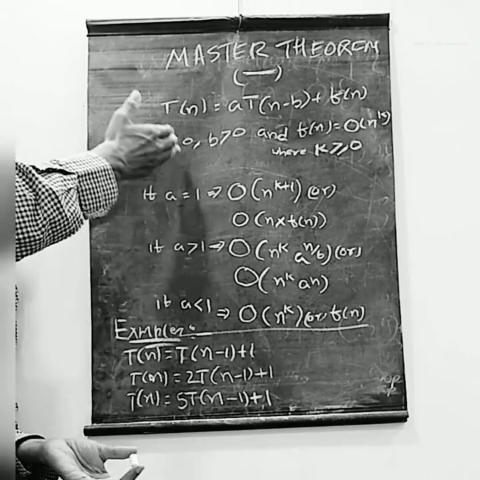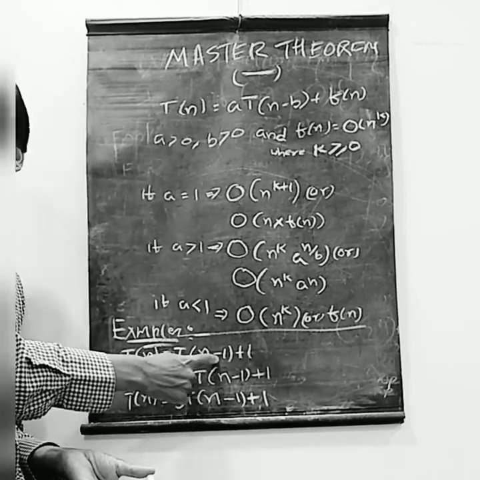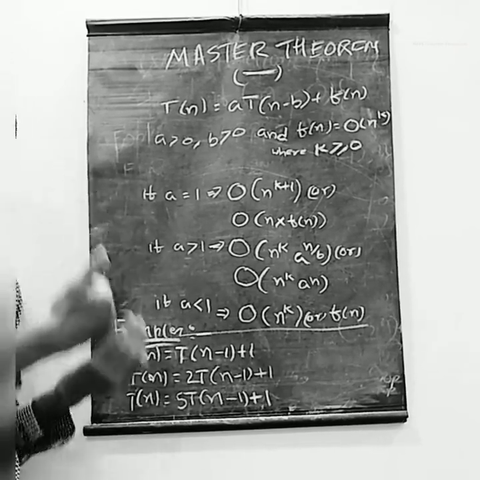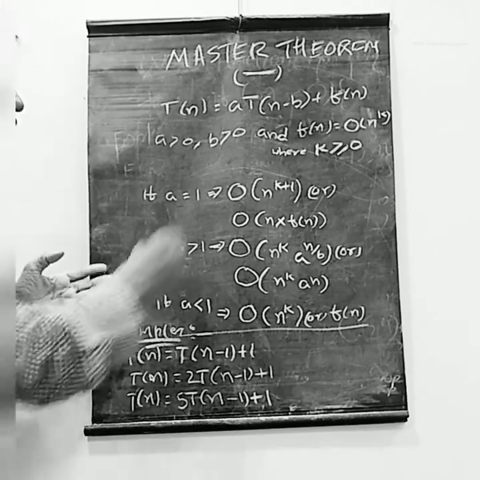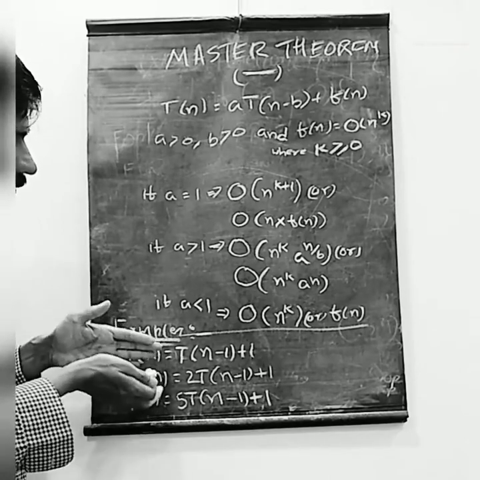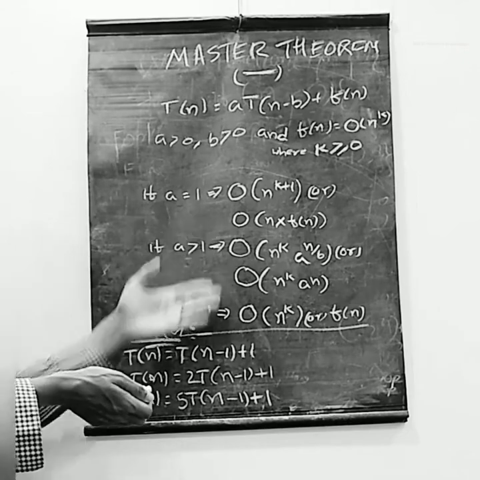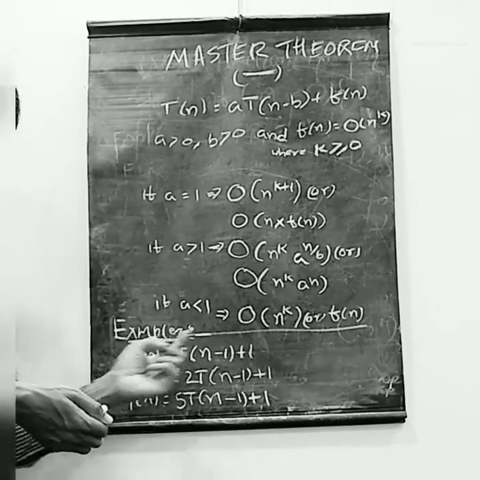Then you can apply Master Theorem if you are seeing minus here, so decreasing order. If you apply these conditions on these recurrences, you can figure out the complexity of each recurrence relation.